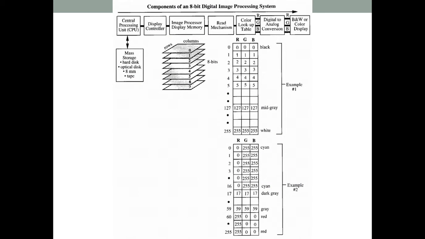So here you see this color lookup table, this RGB, and you can see all the values here. So 0, of course, there's no signal, there's no brightness, it is black.